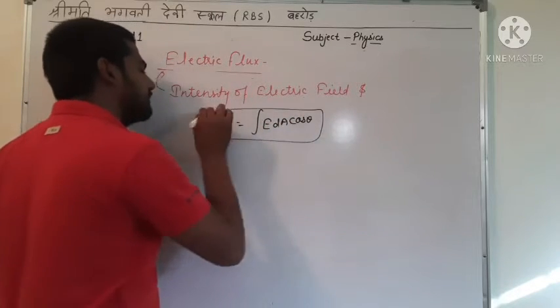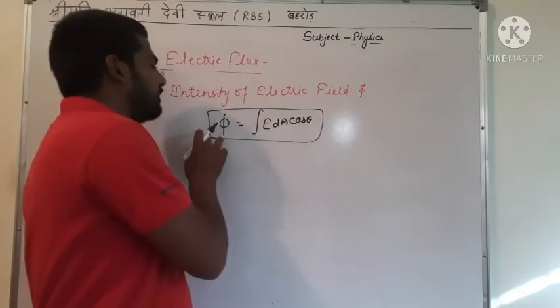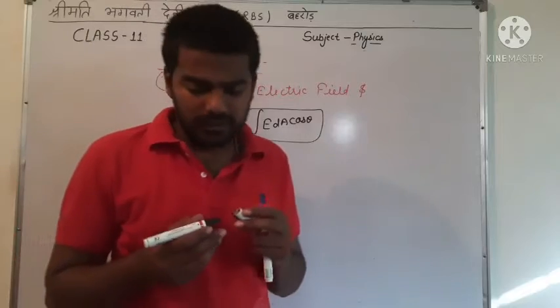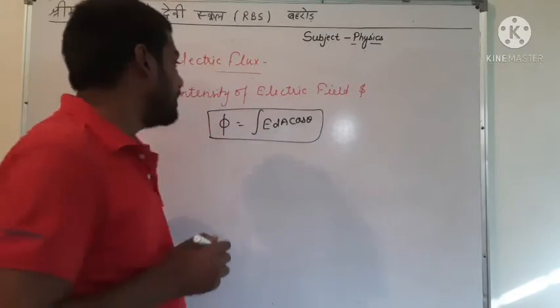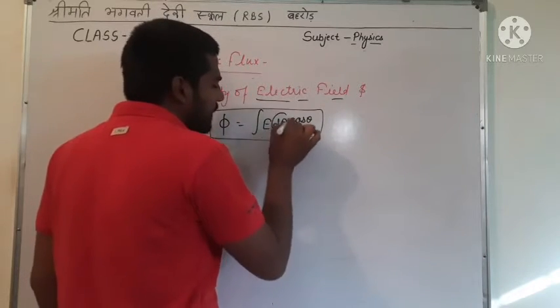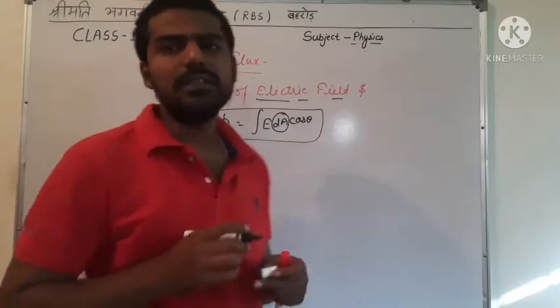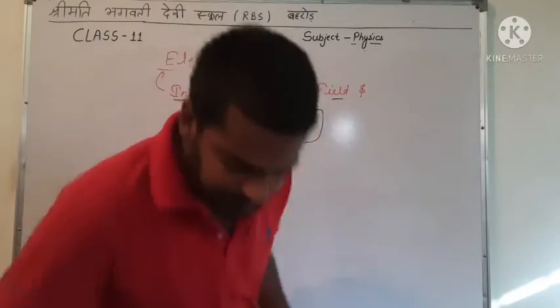This is the relation. If we give the definition from here, then the dot product of the intensity of the electric field and the surface area is called electric flux, which is represented by phi.